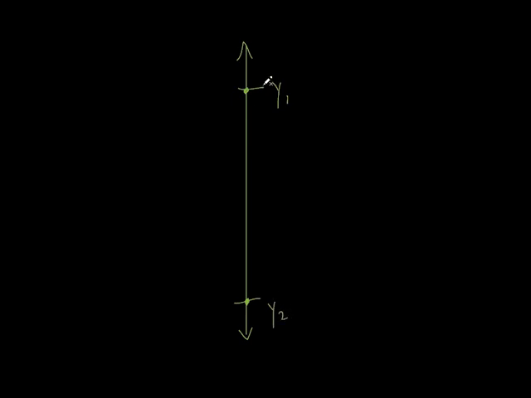If I want to find the distance between these two points, I could go y2 minus y1, or I could write y1 minus y2. Does it make any difference which way we subtract them? Nope, as long as we make sure that our answer is always positive, it doesn't matter which order we subtract them in.